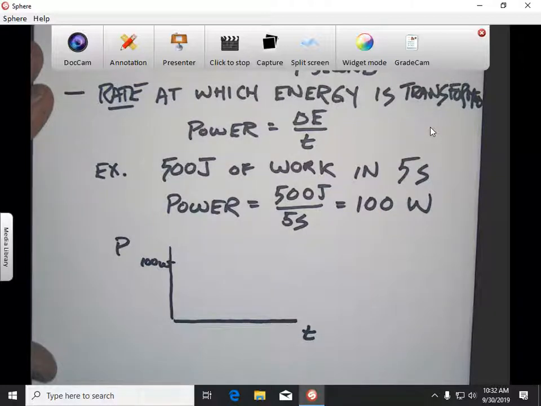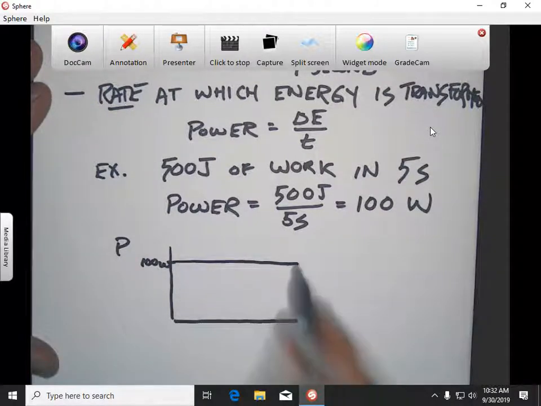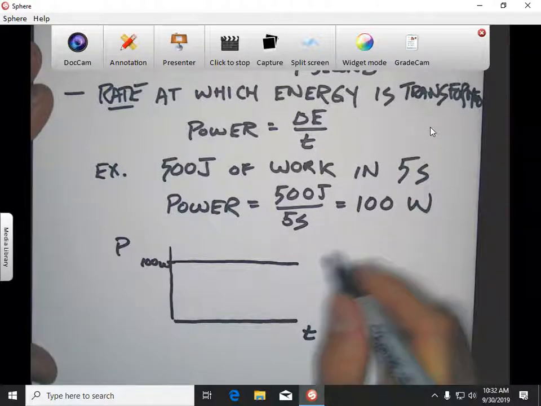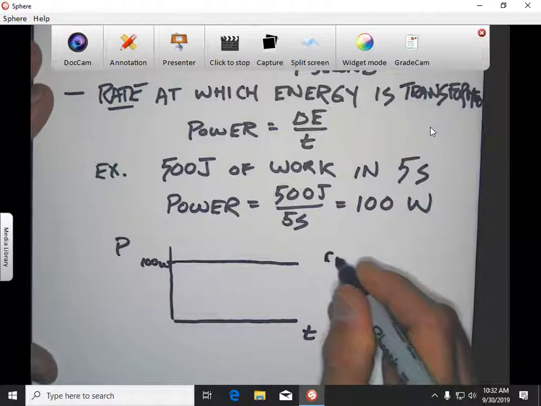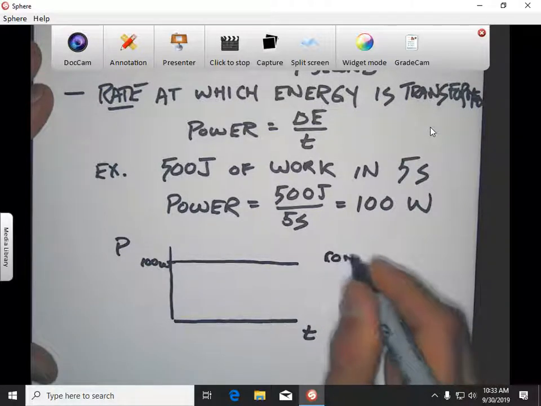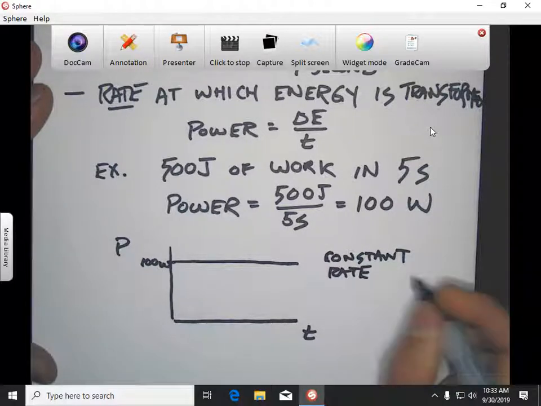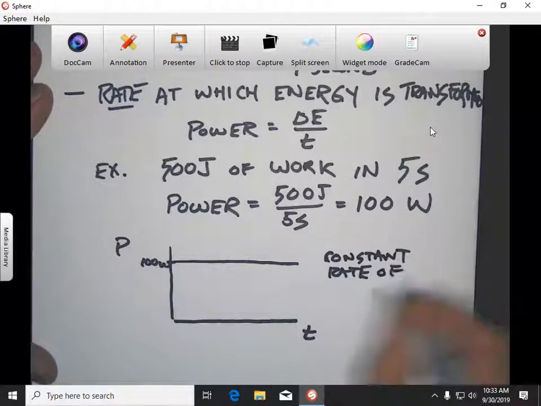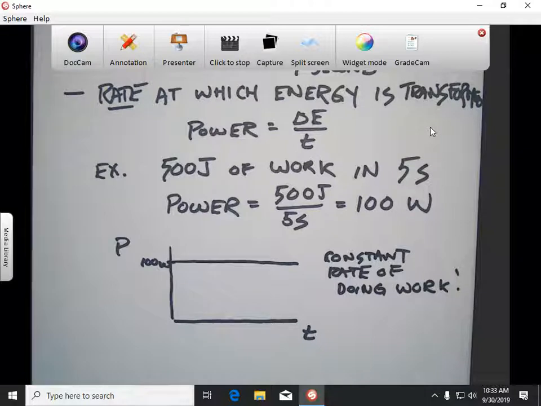It's always doing work at a rate of 100 joules per second. So if we were to graph that, it would look something like this. Again, this means that you have a constant rate of doing work. All right, that's what that graph means.